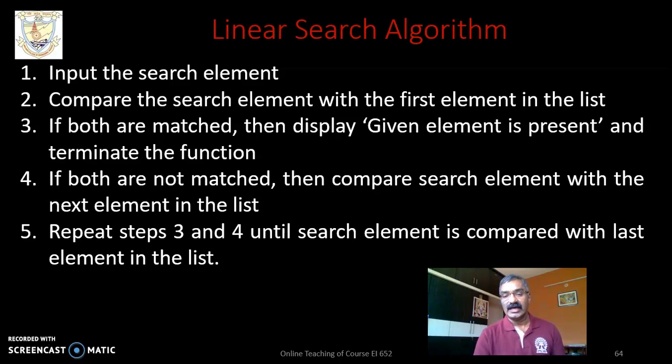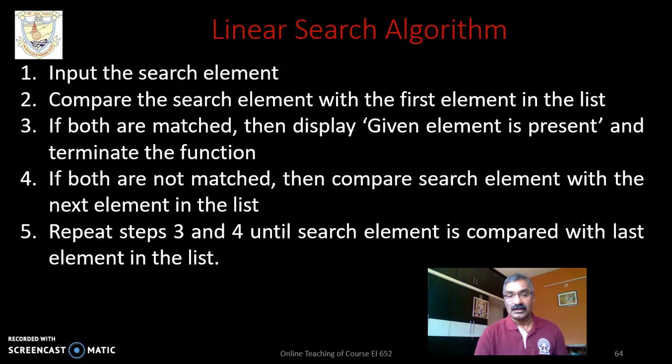Key means an element which is to be searched, whether that key element is present in the given list or not. If that element is present, you display yes, it is successful. Otherwise, you display no, it is not present in the given list. It is a very simple thing. The linear search algorithm is the simplest form of search algorithm.